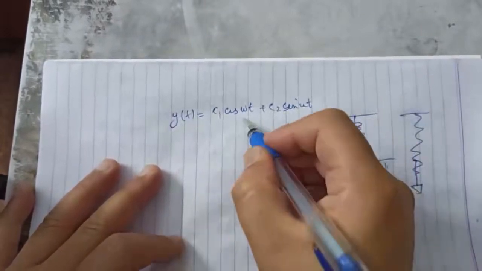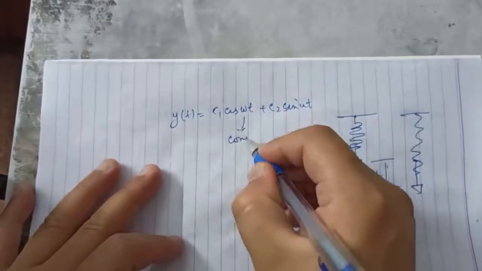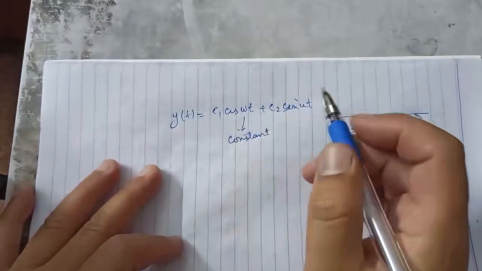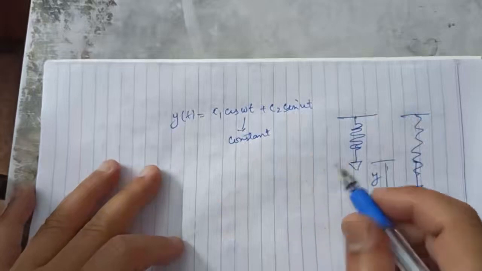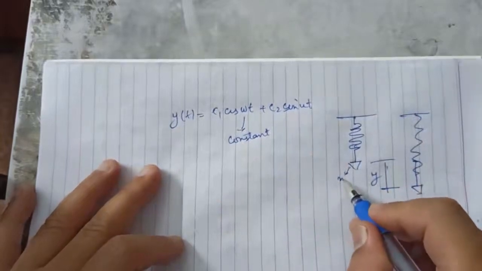Now omega is a constant that depends on the parameters of the spring and the mass m attached to it.